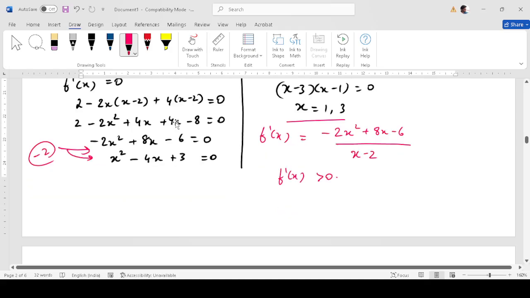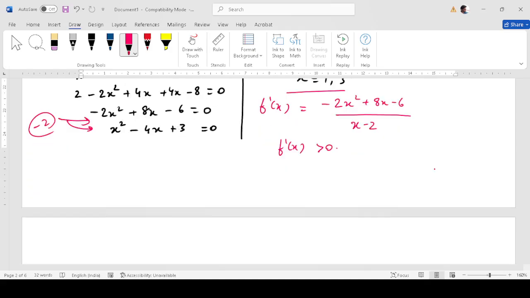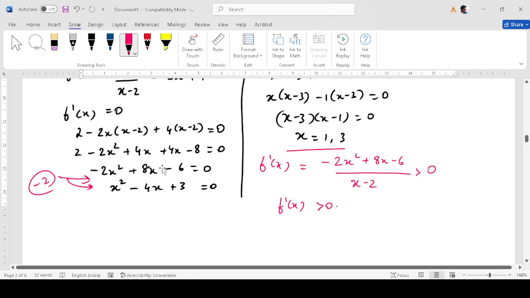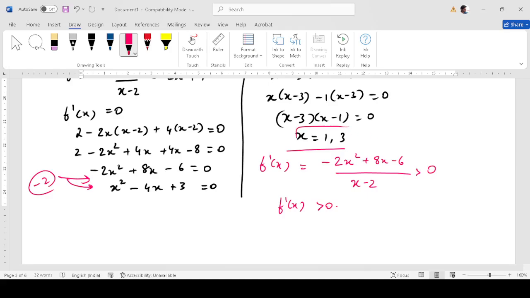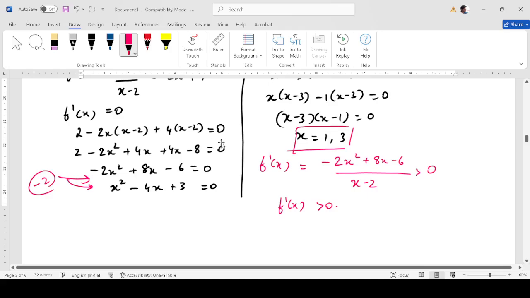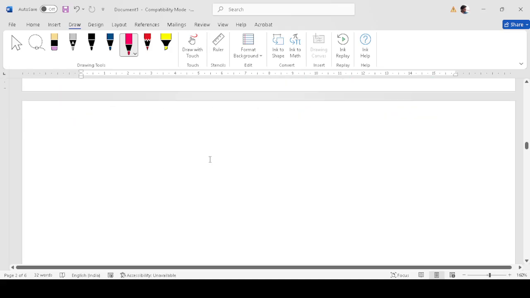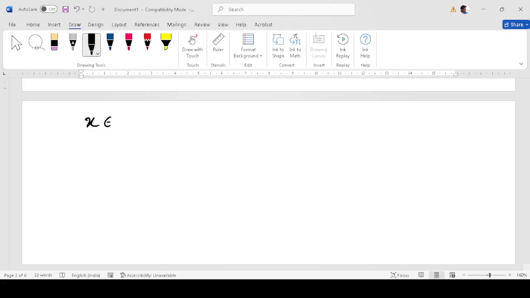For this function to be greater than 0, we have to obviously write down f dash of x should be greater than 0. Now as we have calculated the value for x as 1 comma 3, what it says is that x is belonging to this region. x belongs to (1, 3), write in this way, or we may just write 1 is less than x less than 3.